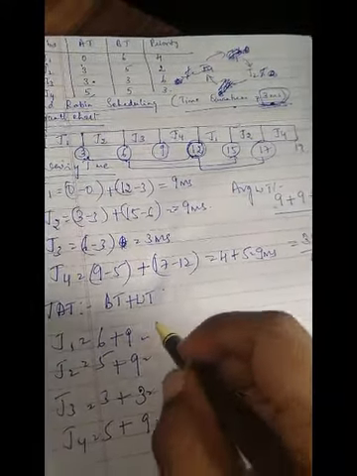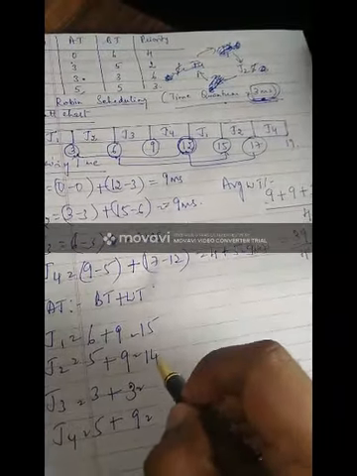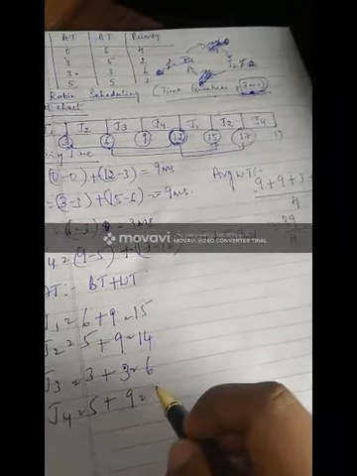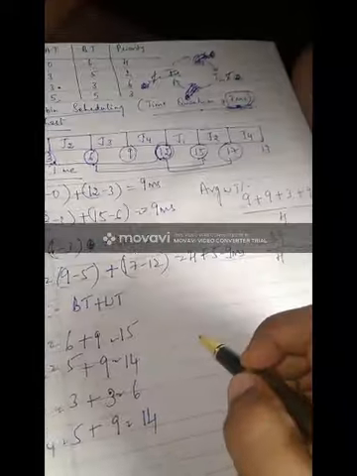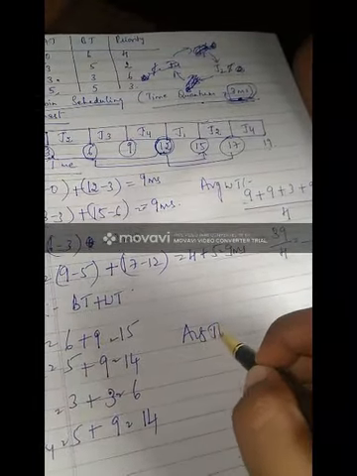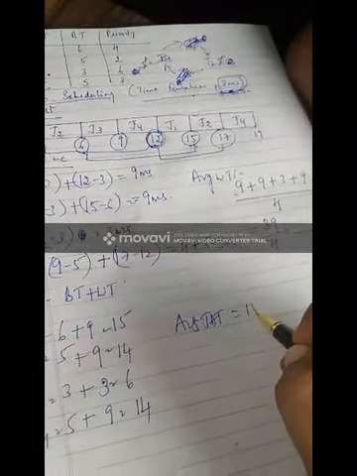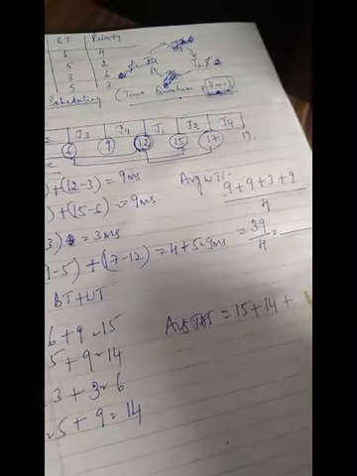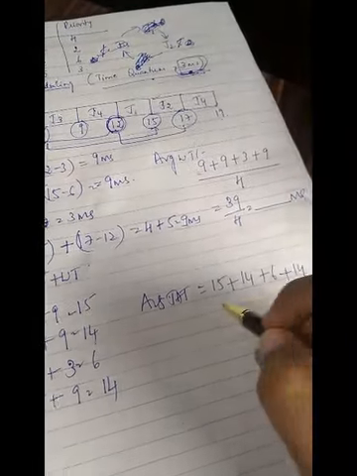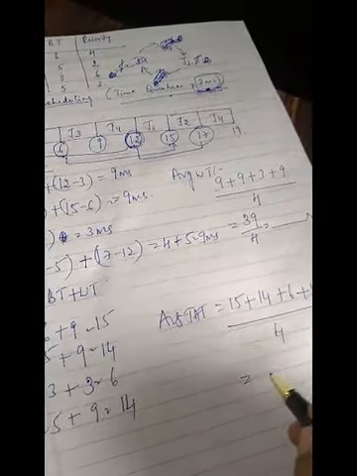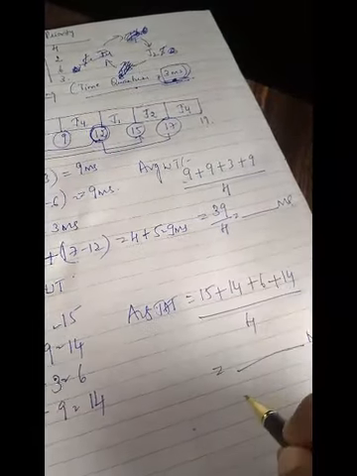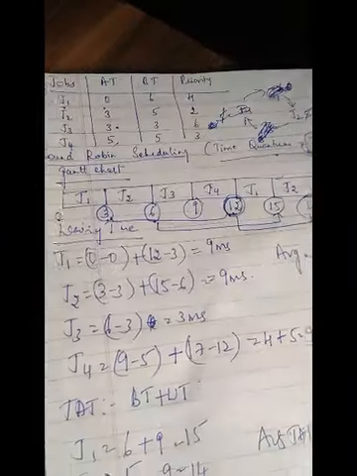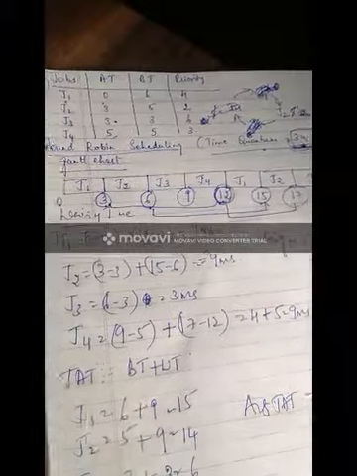So how much are you getting? 15, 14, 6, 14. So average turnaround time is nothing but 15 plus 14 plus 6 plus 14 divided by 4. That's equal to those many milliseconds. So this is how you have to do the round robin scheduling algorithm.